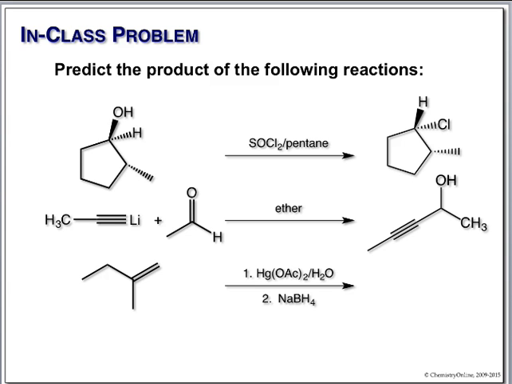This is going to lead us to an alcohol. This gives us Markovnikov regiochemistry, but we do not have the danger of rearrangement. So Markovnikov alcohol, no rearrangement.